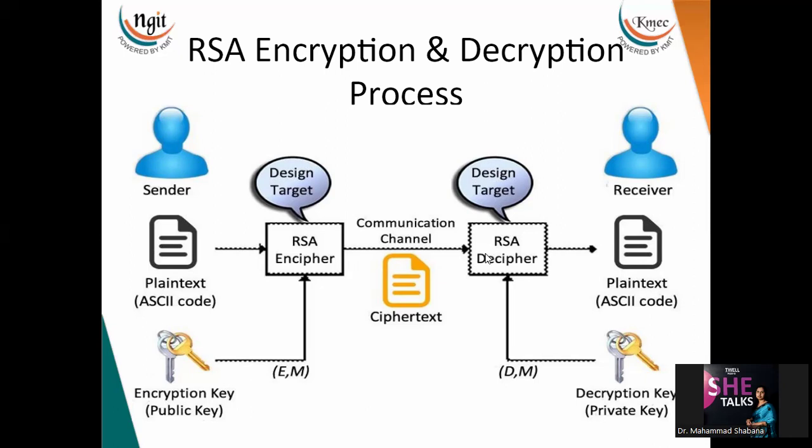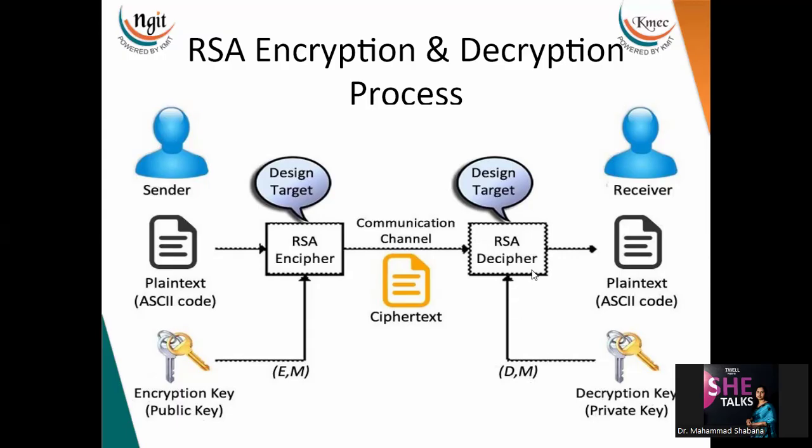On the receiver side, the receiver uses the private key D, N to decrypt the ciphertext. The private key is a confidential key and is not shared with anyone. In RSA decipher, the ciphertext is passed into the RSA decryption algorithm, where the private key D, N is applied.